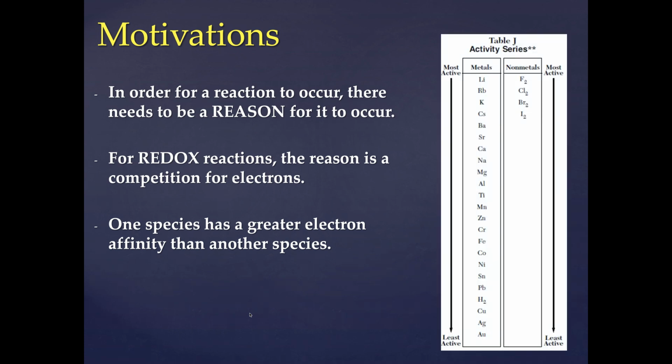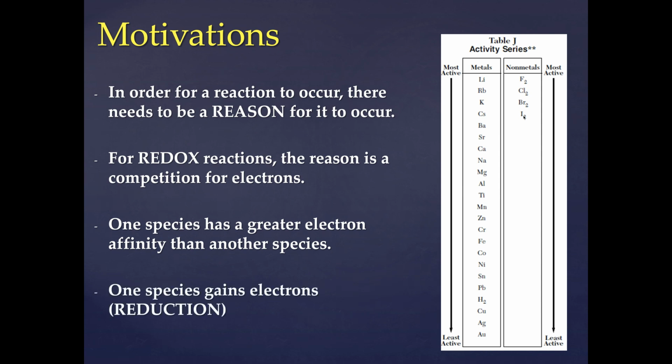We can actually use reference table J to figure out which elements these are. The more active metals are less likely to want to gain electrons, and ions of less reactive metals are more likely to want to gain electrons. For nonmetals, the higher up they are, the more active they are, the more likely they are going to be to gain electrons, and ions of the ones that are lower down are more likely to lose electrons.